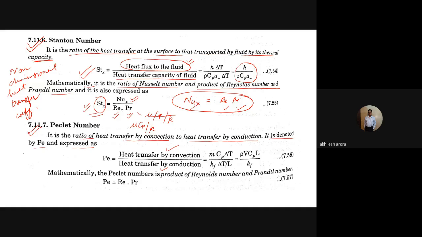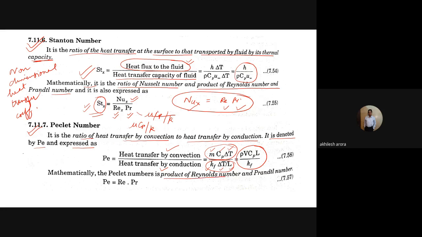Convection means mass flow rate times specific heat times delta T, and conduction is k times delta T by L. So this is the conduction part, this is the convection part. These numbers are quite similar to each other. It is defined according to the situation.